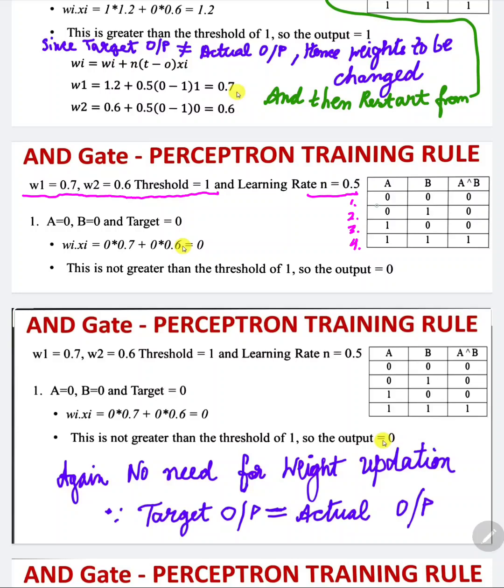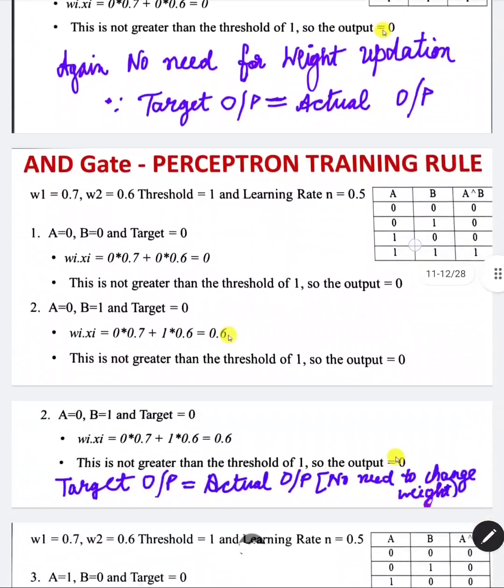So for the first training example, we have 0 into weight 1, 0 into weight 2. We add these two and we get the output as 0. So this was the target output and this is the actual output. So it is the same. Since they are the same and this actual output is not greater than 1, the output is 0 only. All right. Then we move to the second training example.